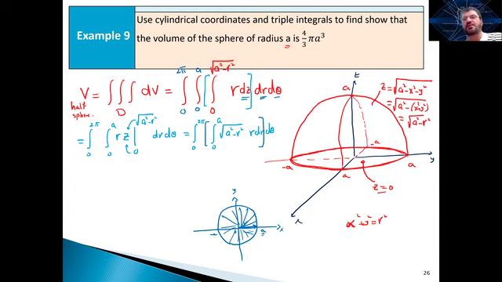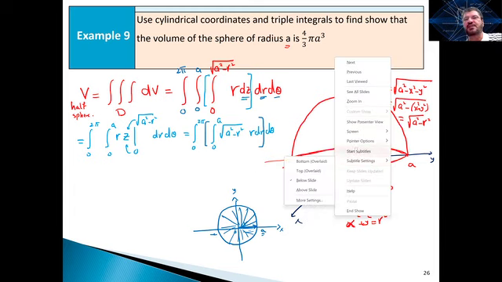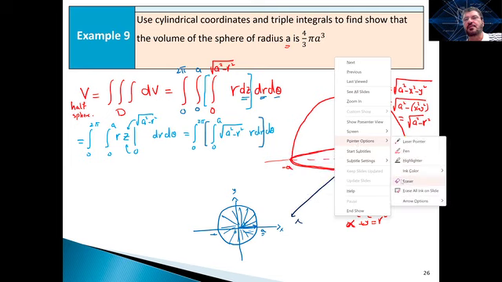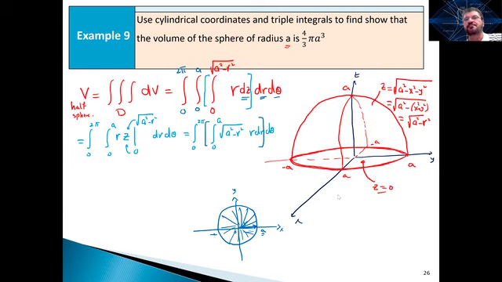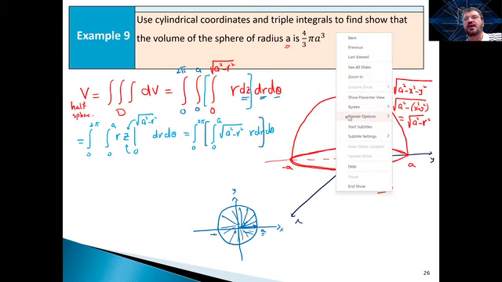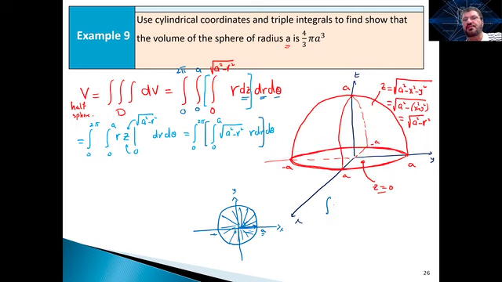How do we integrate this one? Even though we've done it so many times. So I'm going to take my space here. How do you integrate square root of A square minus R square, then R dr? We did it many times.